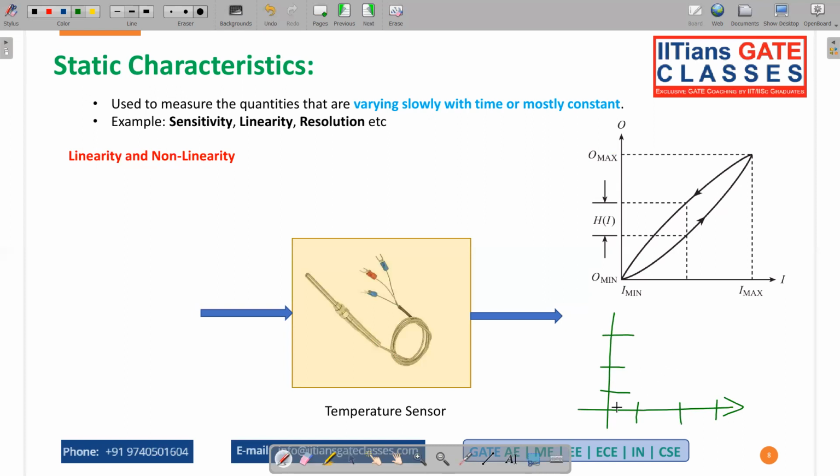If the input and output lie on the same slope, the same line, then you can say that the sensor is linear, otherwise it is non-linear.